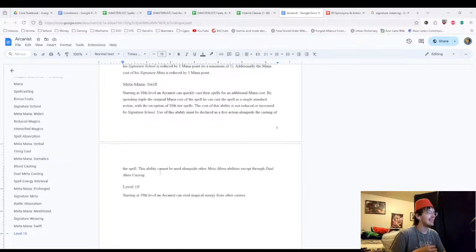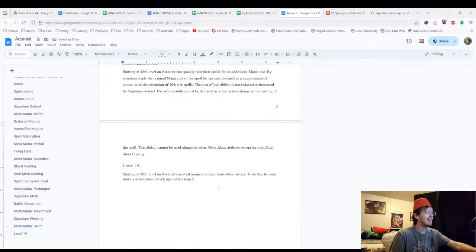Starting at 19th level, an Arcanist can steal magical energy from other casters. To do this, he must make a melee touch attack against his target.